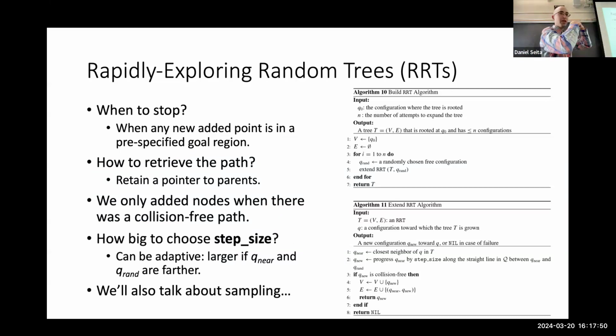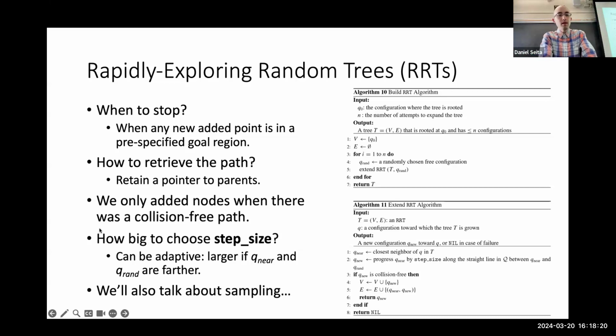We started the tree from the initial node, and each time we expand the tree, you can have a pointer for each node that points back to the parent node. Once you get that, you get your path, and that's what we wanted. And again, we only add the node if there's a collision-free path.